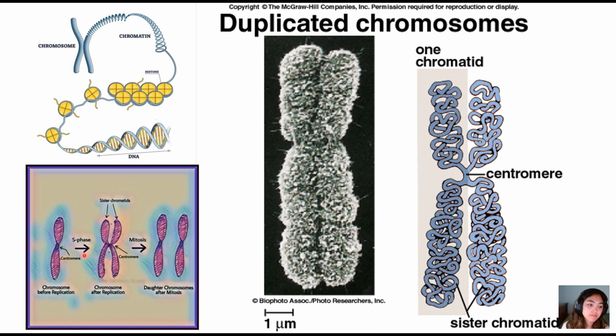This whole thing is a chromosome. The two separately are sister chromatids. And they're attached at the center by what's called a centromere. And it's these two sister chromatids that will separate and be in their own new cell at the end of our mitotic division.